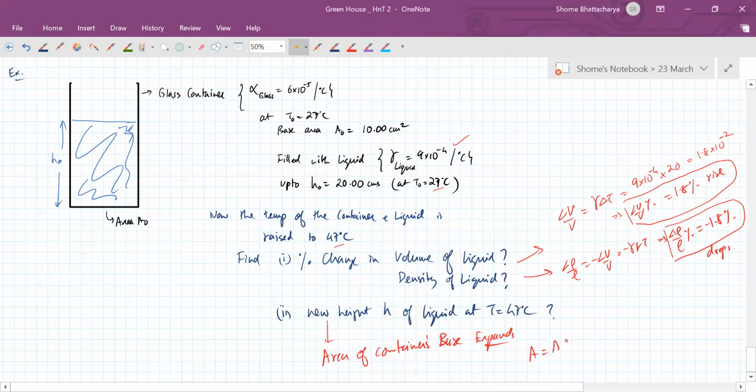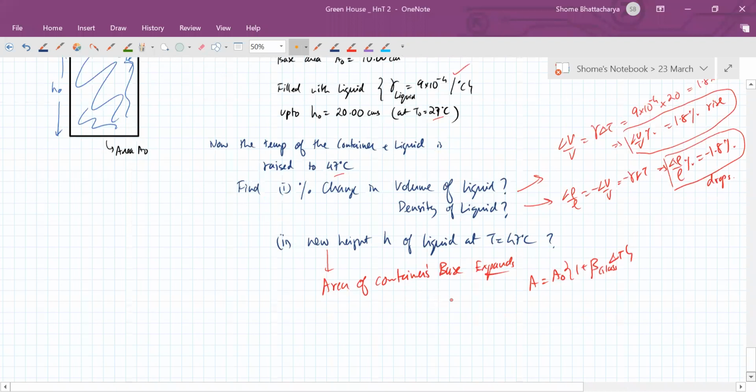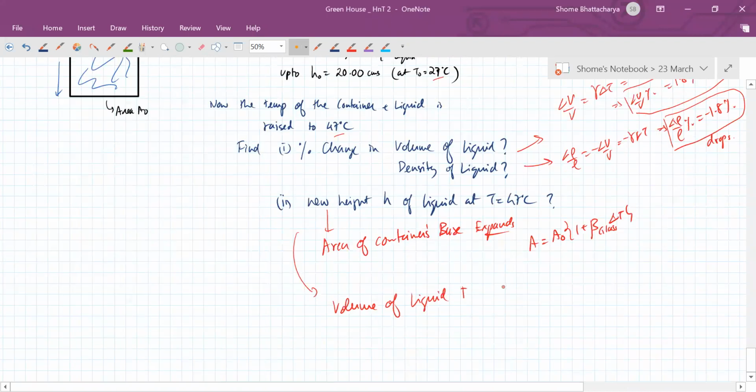So A will be equal to A naught into 1 plus beta of glass into delta T, plus the volume of liquid expands. So the new volume of liquid will be the original volume of liquid into 1 plus gamma of liquid into delta T.